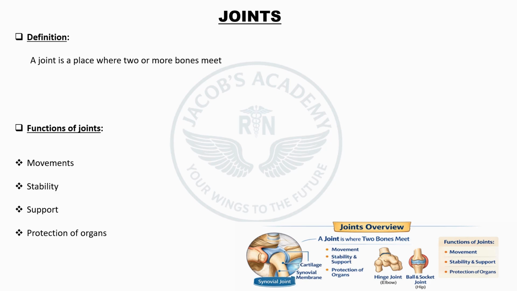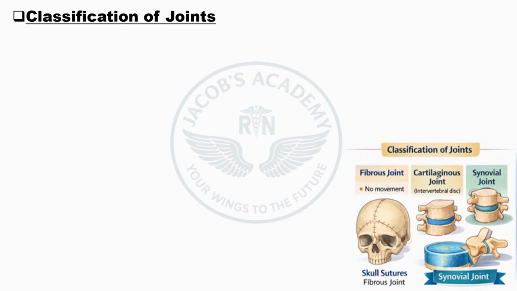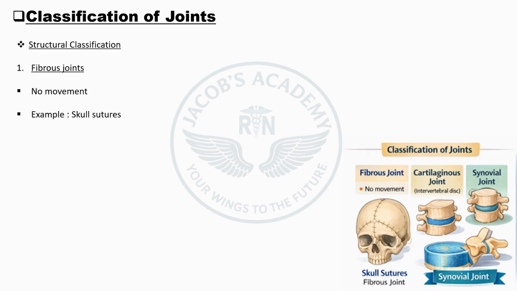In the next section, we can see the classification of joints. Let us now look at the classification of joints, specifically the structural classification. Structurally, joints are classified into three main types, based on the tissues that connect the bones and the presence or absence of a joint cavity.